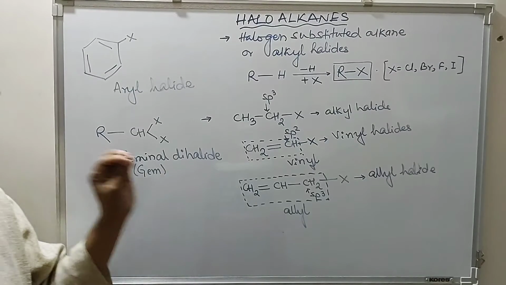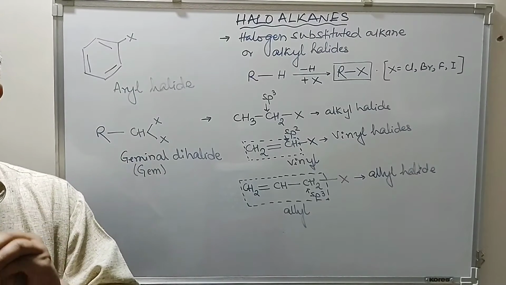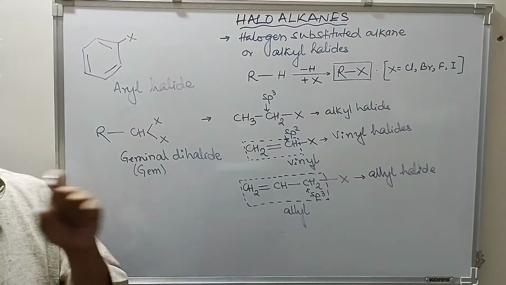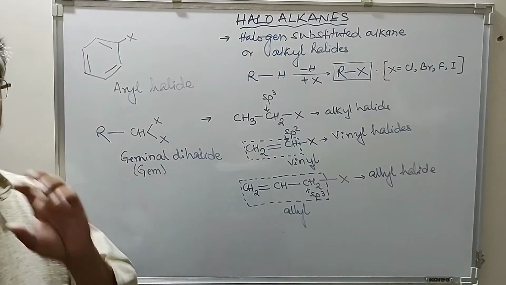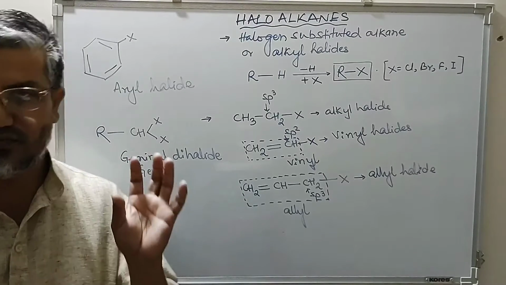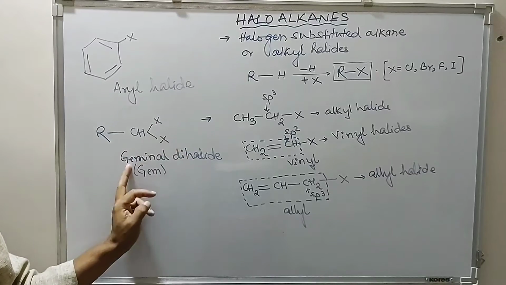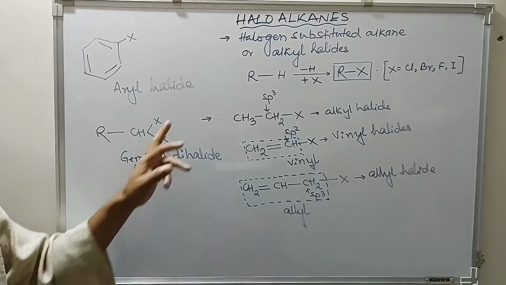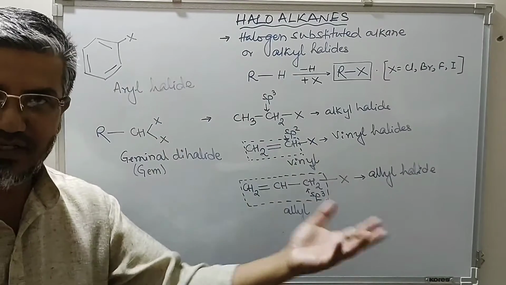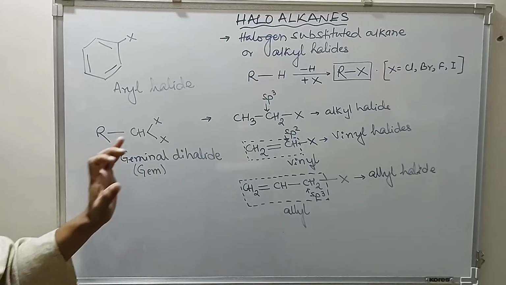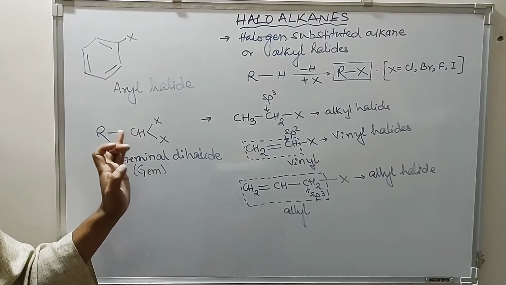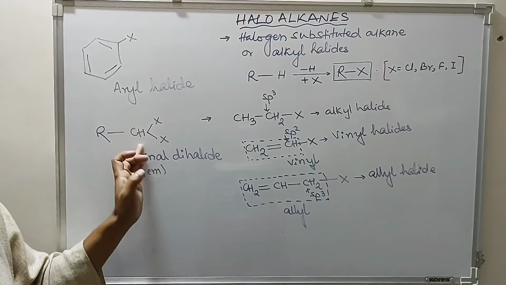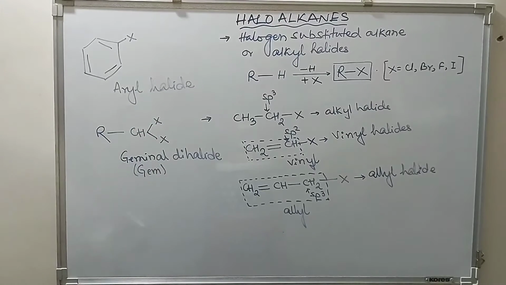If two identical functional groups are present on the same carbon atom, then this is known as gem. This is for all functional groups. If we have two OH, then it is also known as a geminal alcohol. If we have NH2, then it is known as geminal amines. So geminal is for those compounds in which two identical groups are present on the same carbon atom.